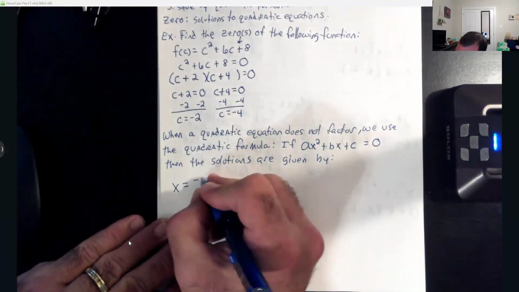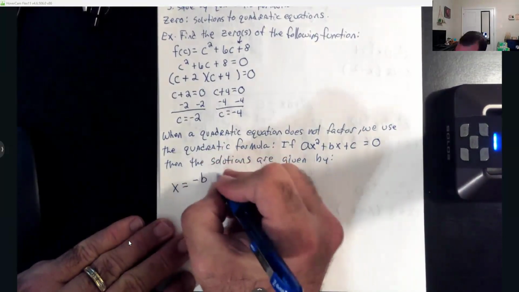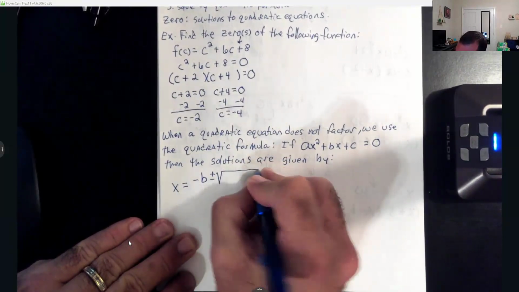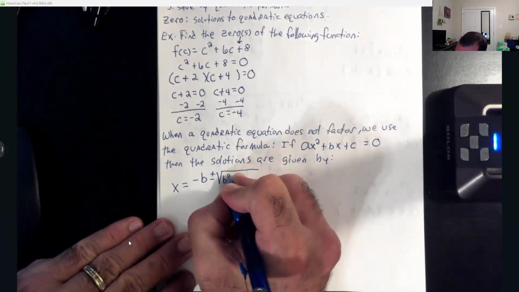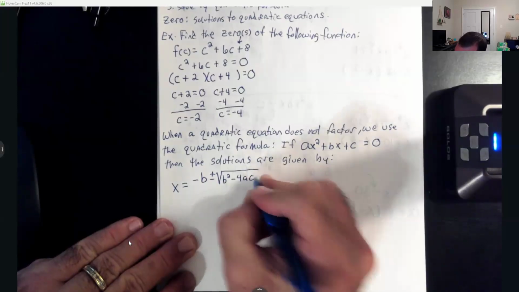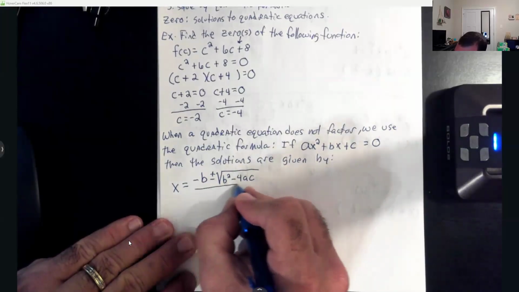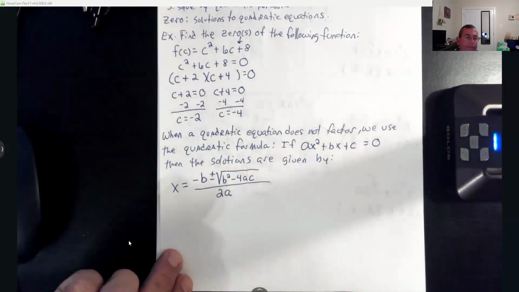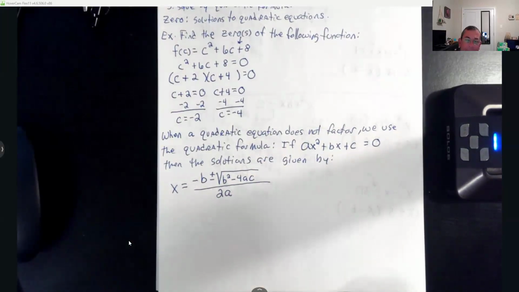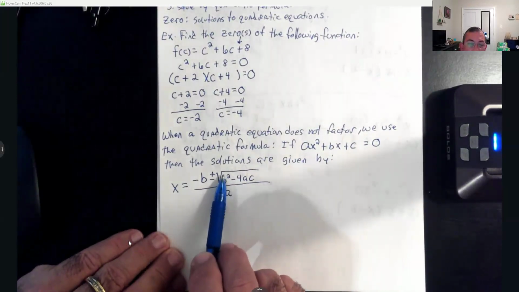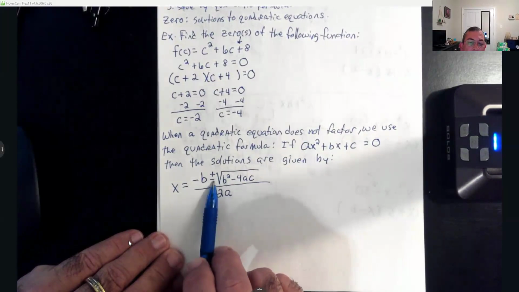X will equal -b plus or minus the square root of b squared minus 4 times a times c, all of that divided by 2a. Okay? Now, the way it gives you the two solutions is by that square root being plus or minus.